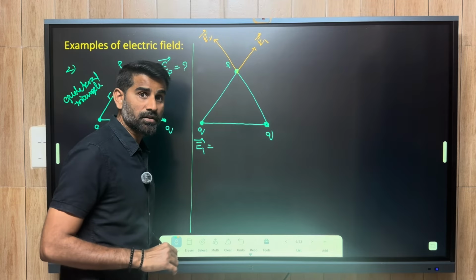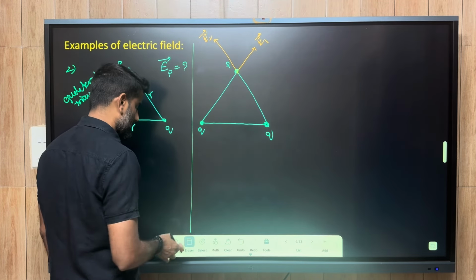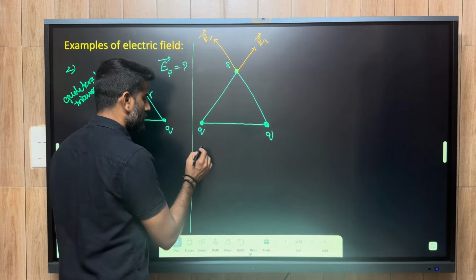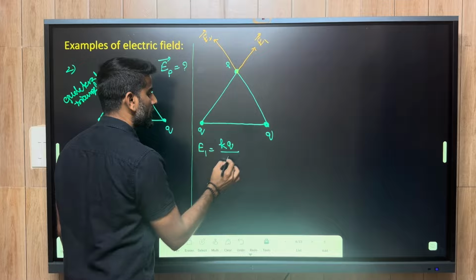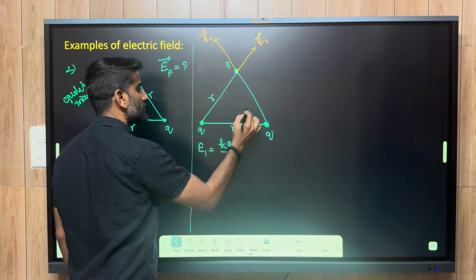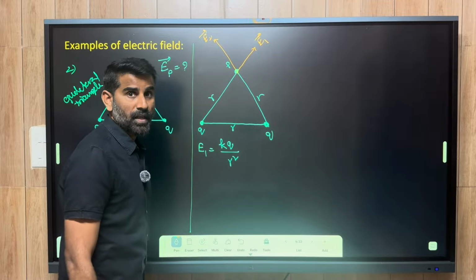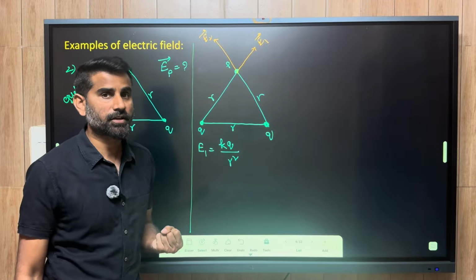Okay. Now let's write the electric field due to charge 1, E1 vector. I am going to find the magnitudes first and then add them vectorially. So electric field E1 is equal to KQ by R square, because this is R, this is also R. We have used the formula for the electric field due to a point charge.